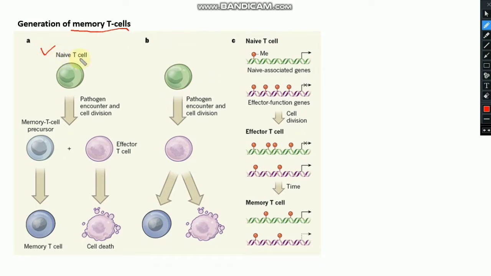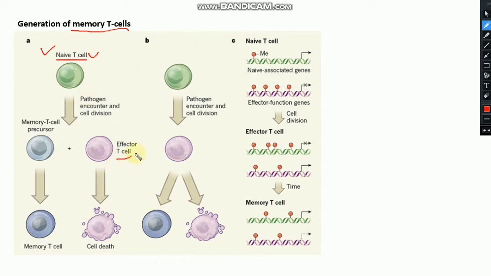These naive T cells are the T cells that have not previously responded to any kind of pathogens. But when these naive T cells start responding against a specific pathogen, they produce effector T cells.